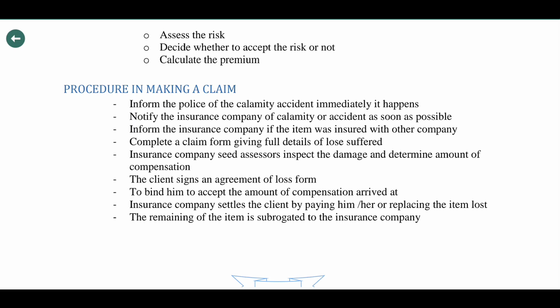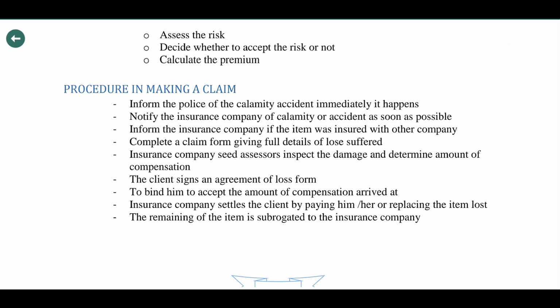Okay. Now, let's look at the procedure in making claims. When a risk occurs, for example, if you insure your property against fire and it later gets damaged by fire, then what is the procedure in making a claim for you to be compensated? Okay, you need to inform the police of the calamity or accident immediately it happens.